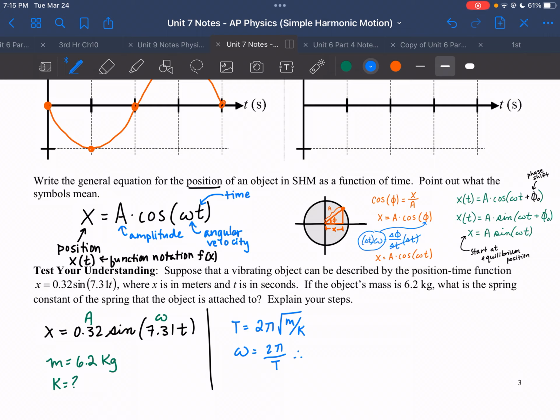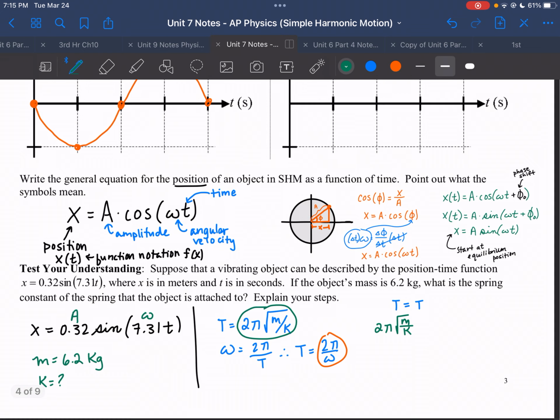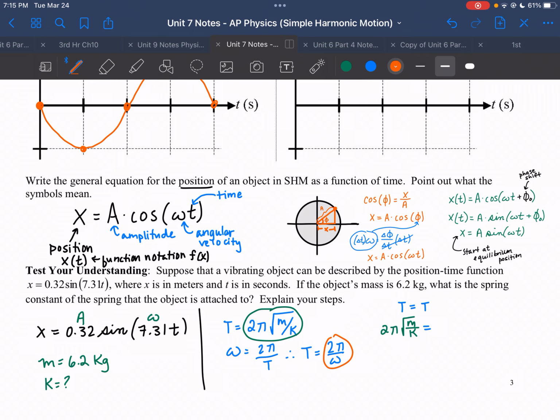I can rearrange this for T by multiplying by T and dividing by omega. So I have T is really equal to 2 pi divided by omega. Now that's helpful because I have two values that are equal to T. So I'm going to set those two equal to each other because I know that T is equal to T. So I'm going to say that 2 pi times the square root of m over k is equal to 2 pi divided by omega.